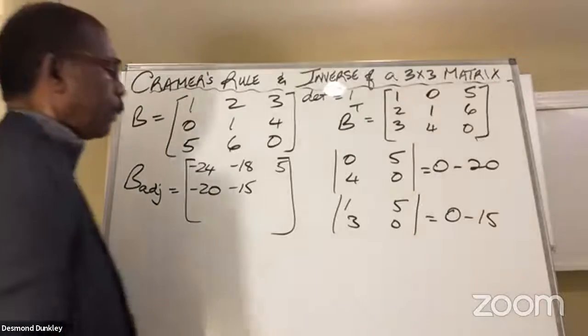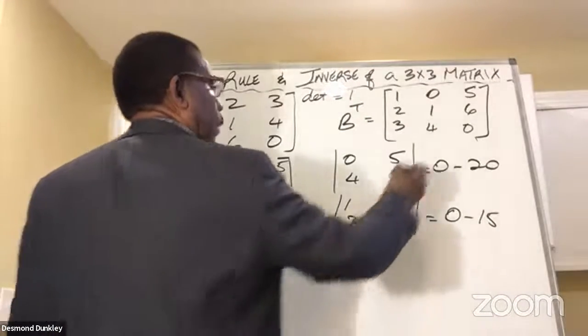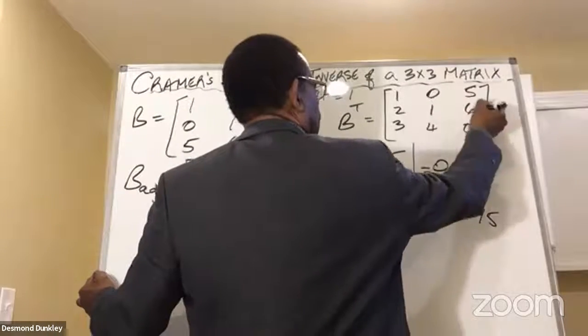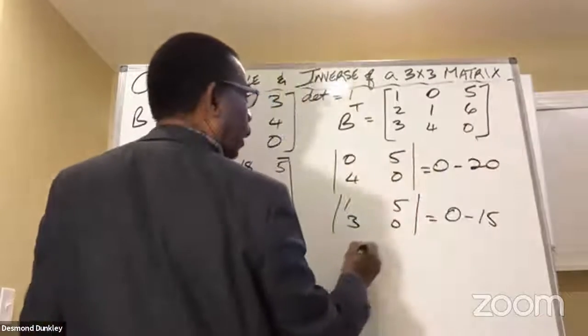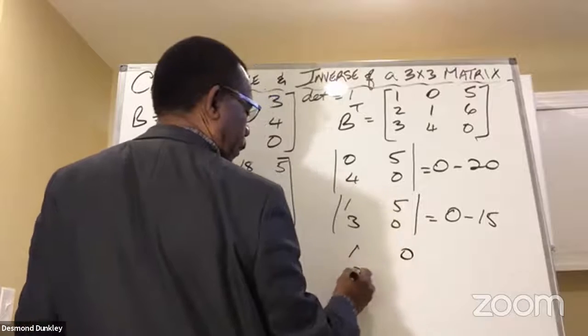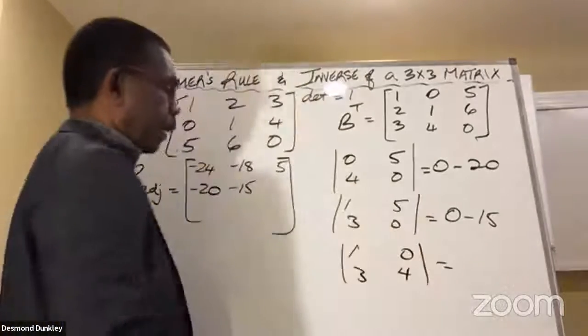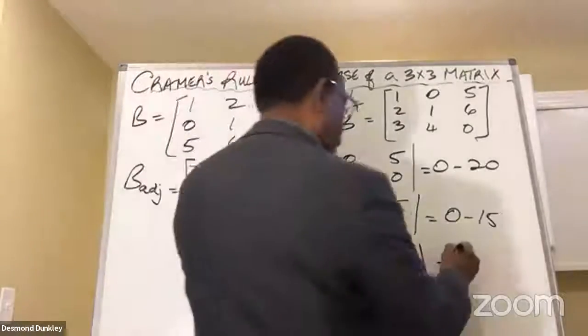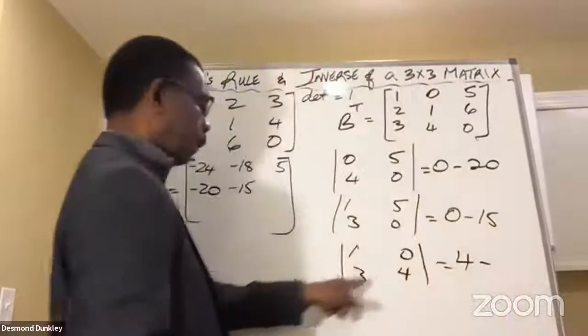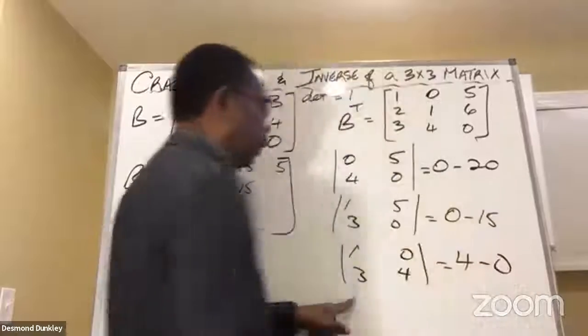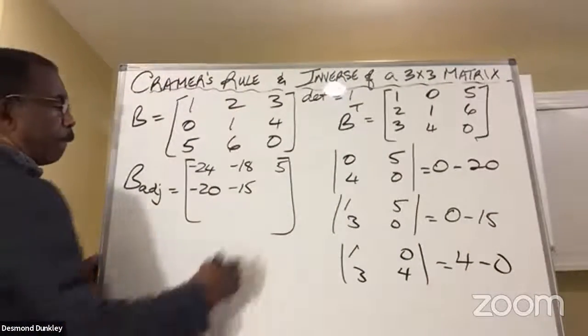And then the third entry in the second row is where this is. Cross this out, cross that out. We end up with 1, 0, 3, 4. What do we end up with? 1 times 4 is 4, minus 0 times 3 is 0. So we end up with 4.